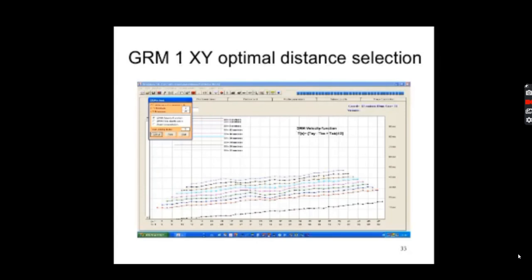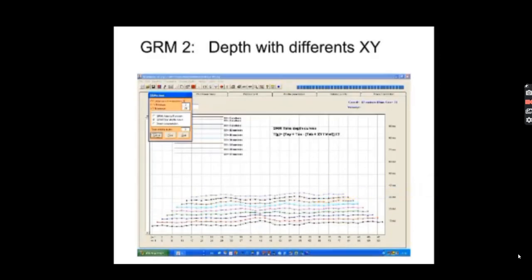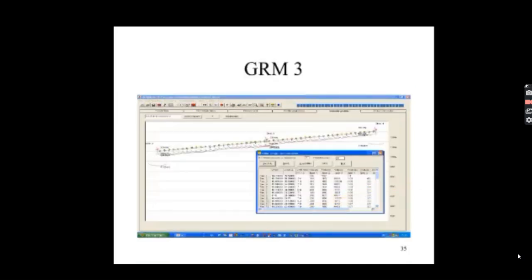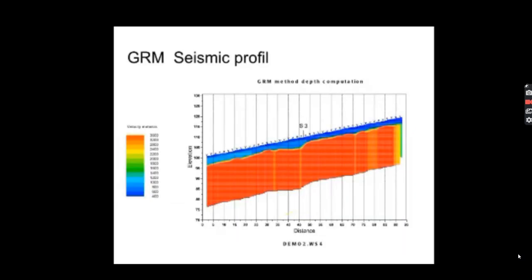This is the example graph. And this is the depth with different XY. The GRM 3. The GRM seismic profile sample.